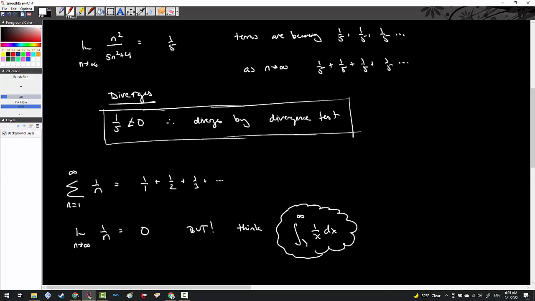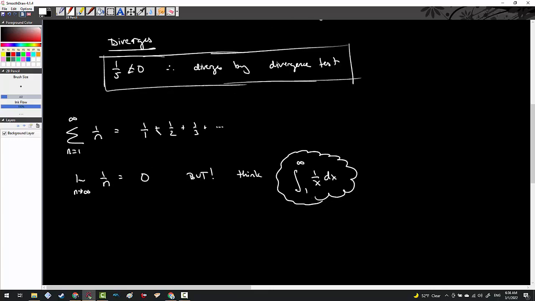This definitely did something kind of odd. So even though the test shows that the sequence of terms goes to 0, we don't know necessarily that this series would approach 0. So by the divergence test, we know nothing.